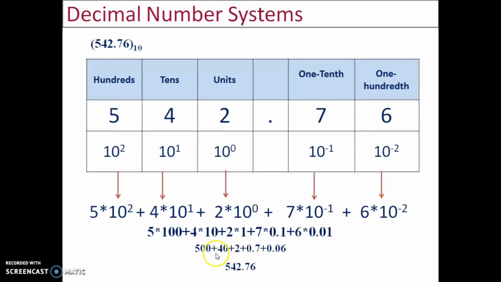Finally, after calculating, we get the number 542.76. You can observe that each digit signifies a different value depending on the position it occupies in the number.